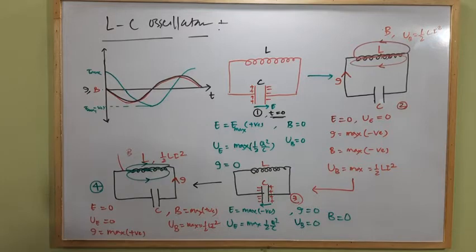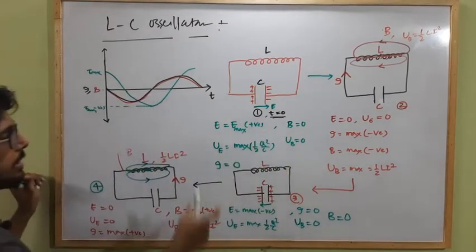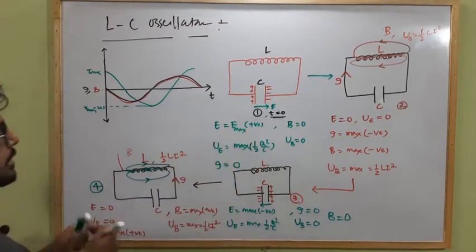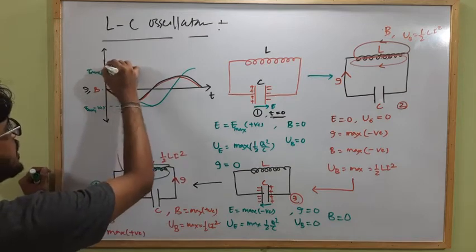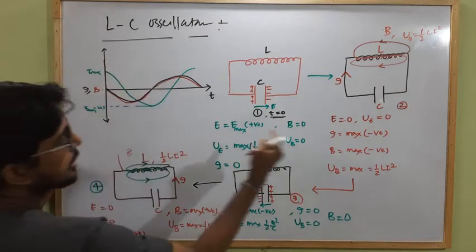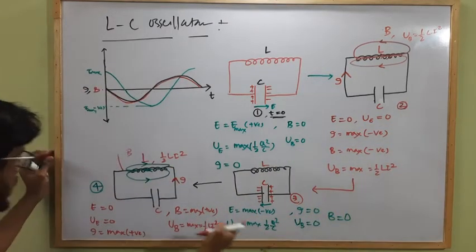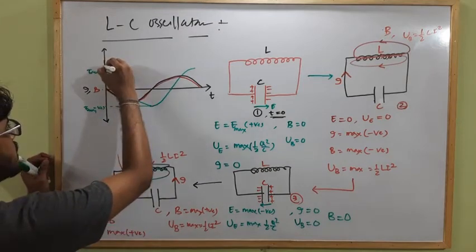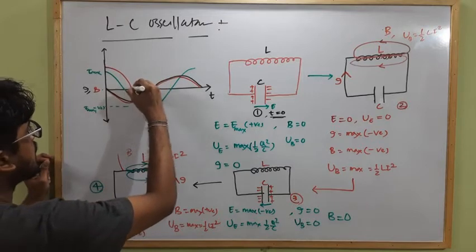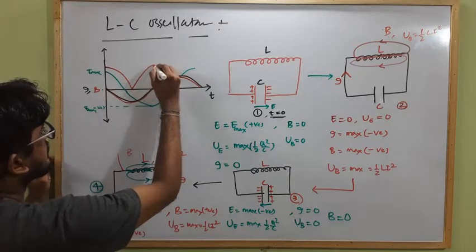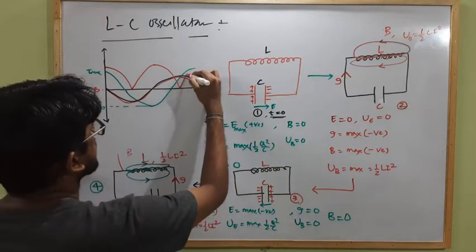Okay, then the last one, what is energy? The electrical energy is initially maximum, then it will become 0, again maximum, again 0, then again maximum, then again 0, then again maximum.